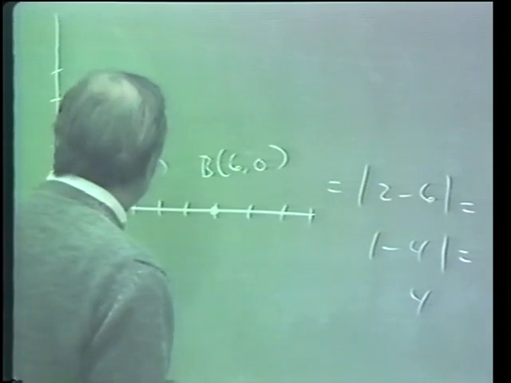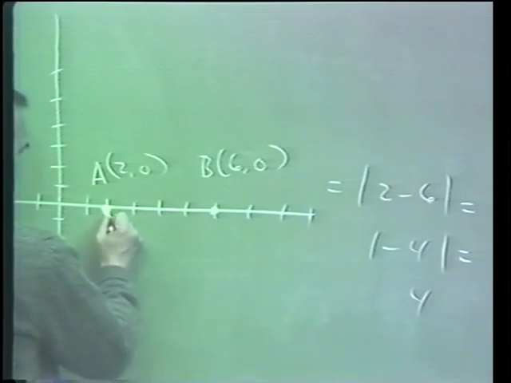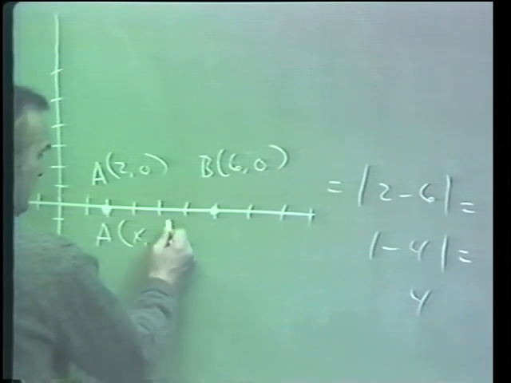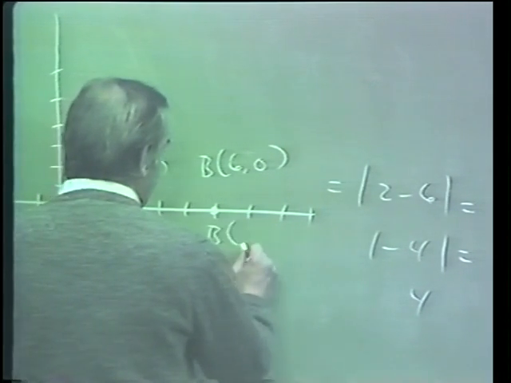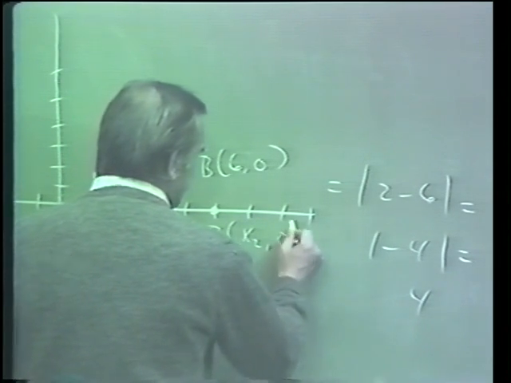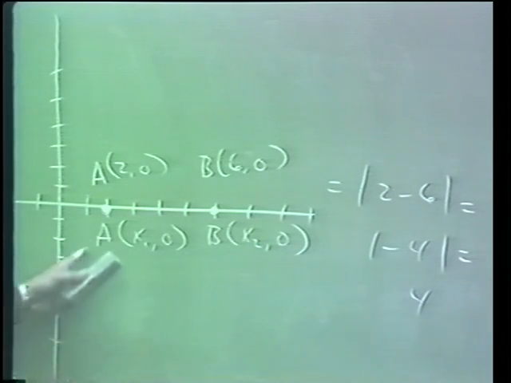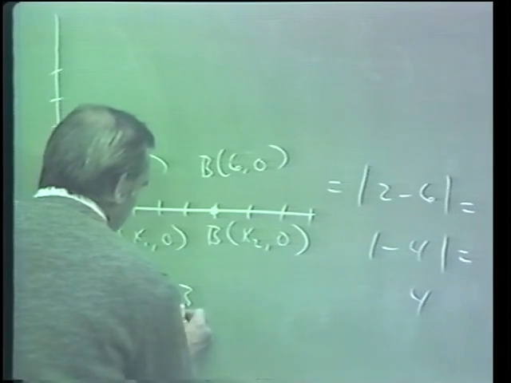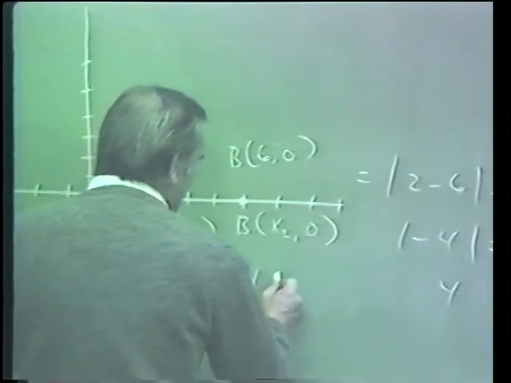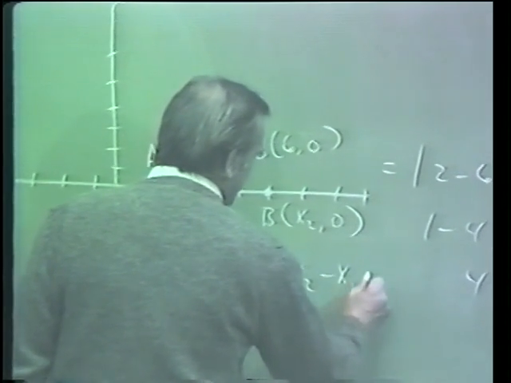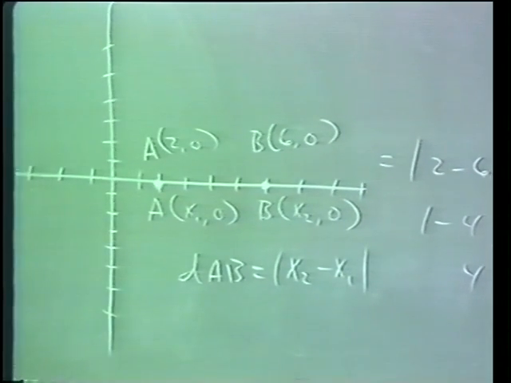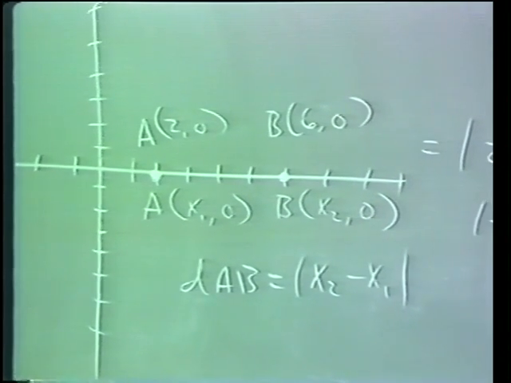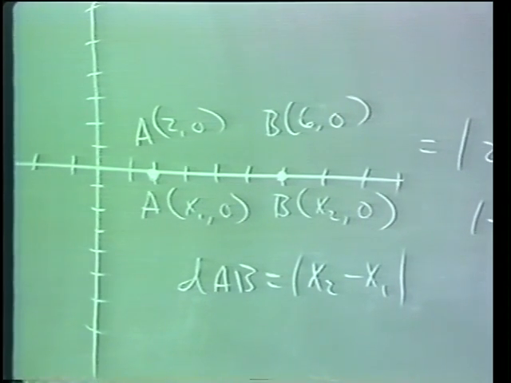Sure. Okay. Now, let's make this a little bit more general. Let's suppose that A has the coordinates (x sub 1, 0), and B has the coordinates (x sub 2, 0). Therefore, the distance of AB would equal the absolute value of x2 minus x1, the difference of the x's, the change of the x's.